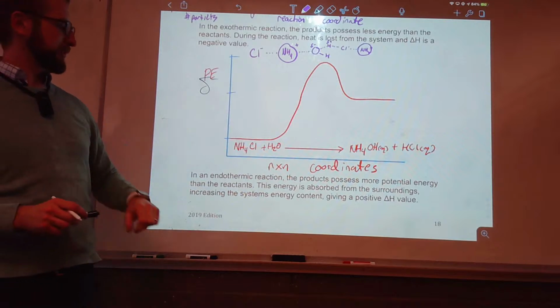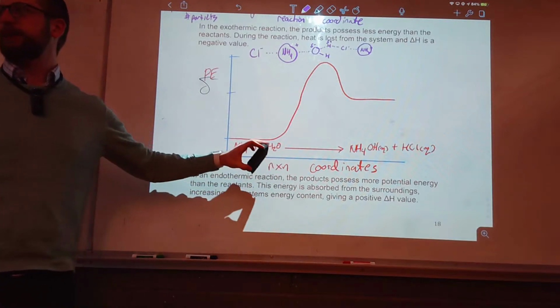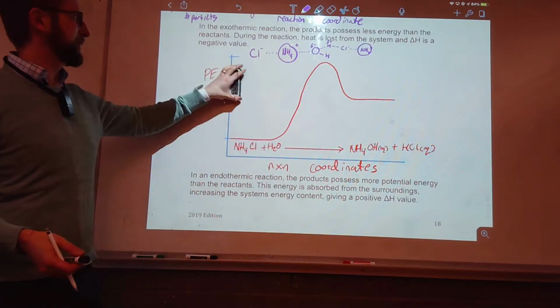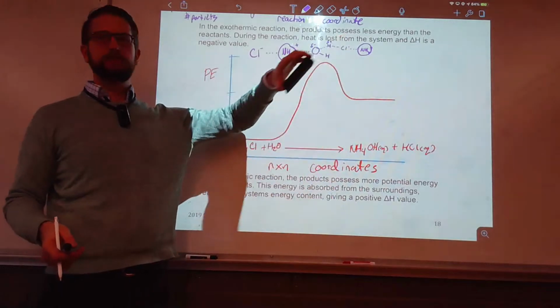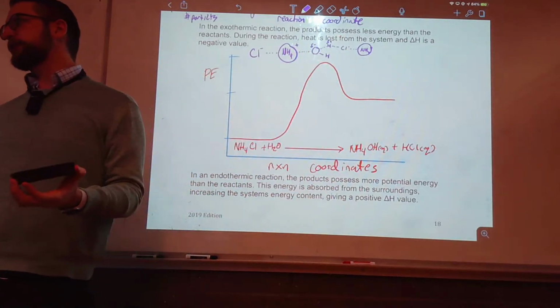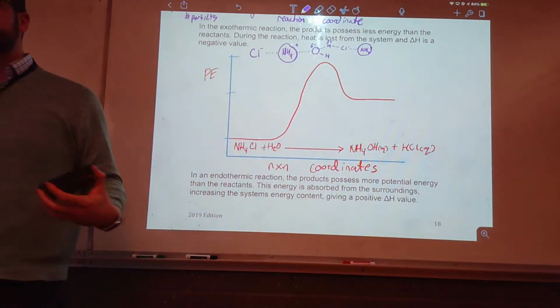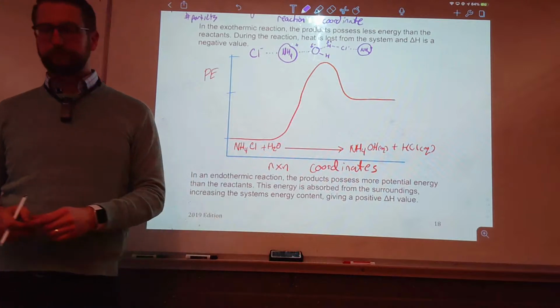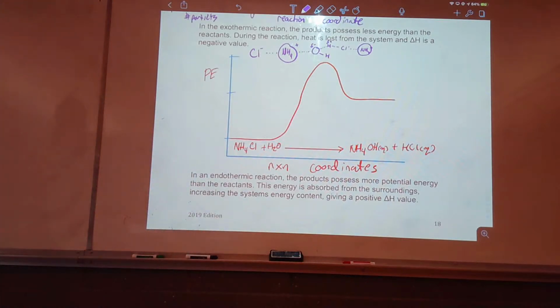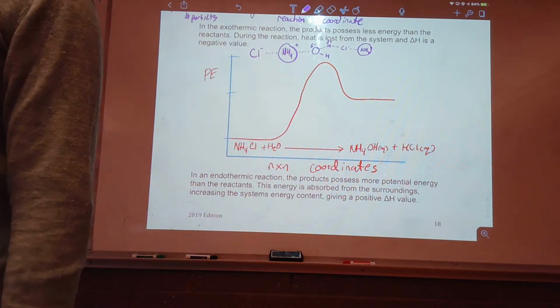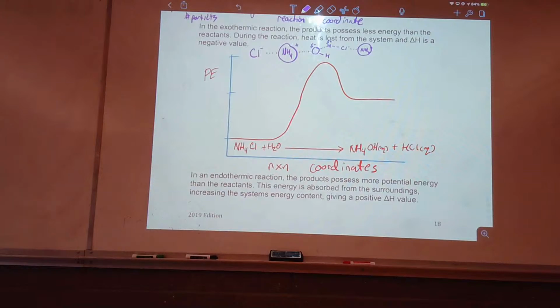The chlorine is truly negative. It truly has an extra electron. It's truly missing one electron, but the oxygen is just more electronegative than the hydrogen, so it's partially negative, partially positive. Got some real heavy concepts in there. I only put them in there because I believe in your ability to learn them.